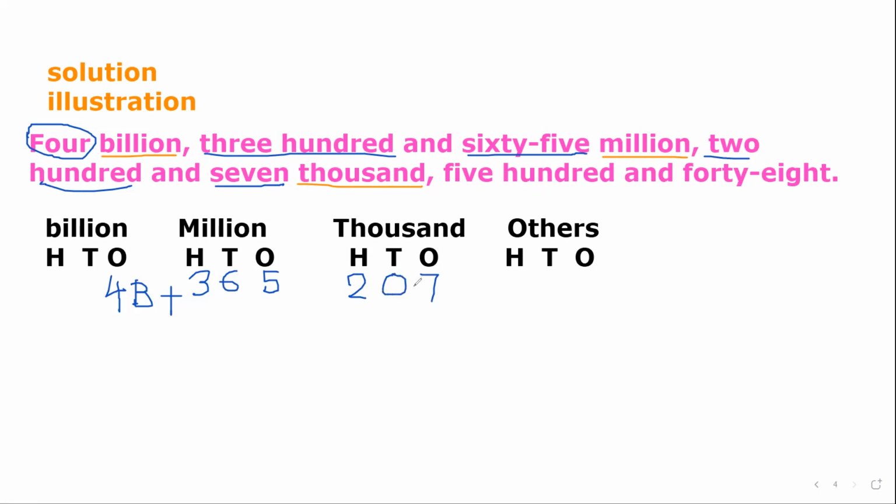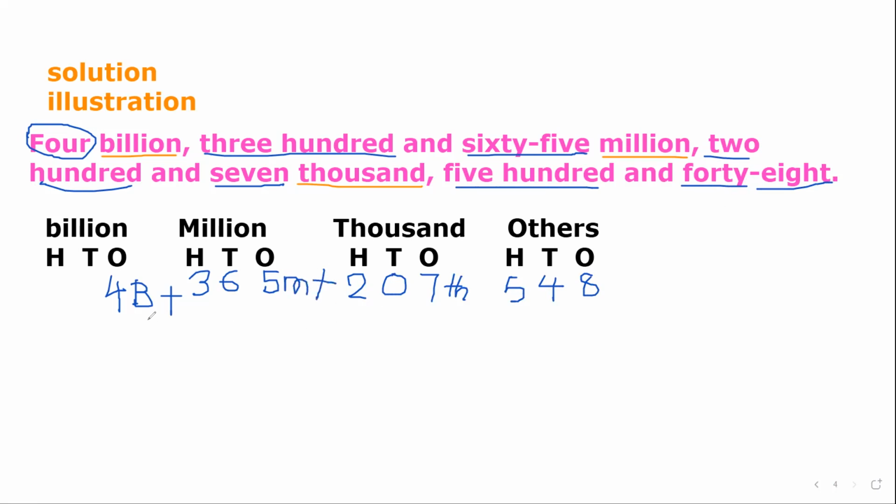Then let's come to the others, starting from the back here, the 8. Then 40, so under the tens will be the 4, and then 500, here will be 5. The thousand possesses 3 zeros. The million possesses 6 zeros.